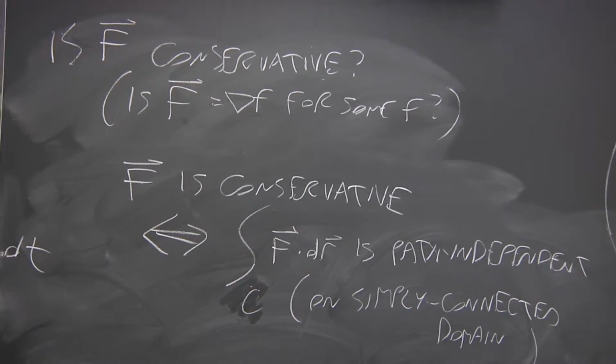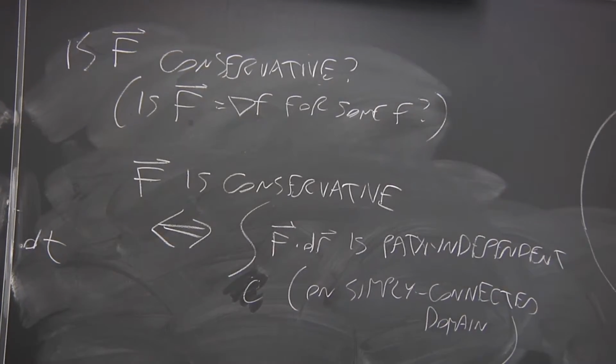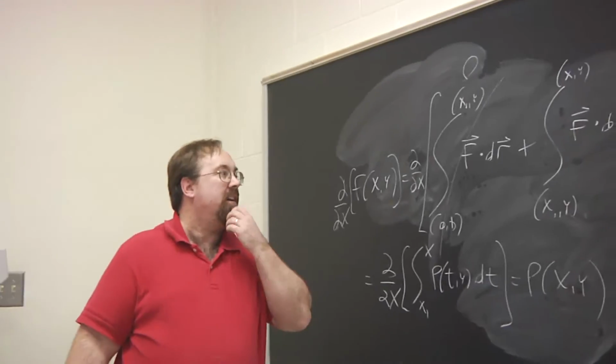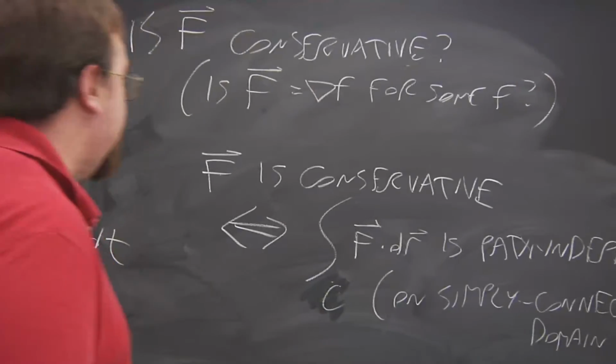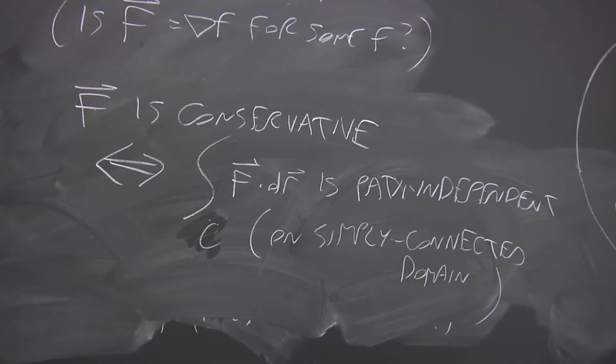All right. Now, that's all well and good, but the thing is, we want to be able to evaluate line integrals like this as easily as possible. Having this as a starting point is all it is.